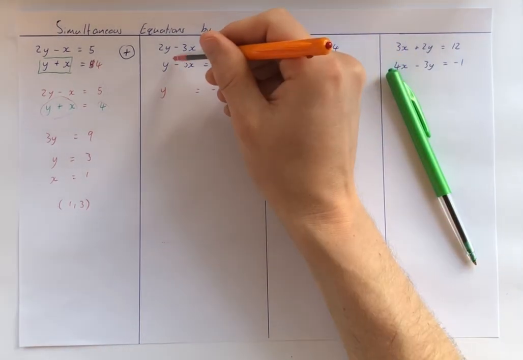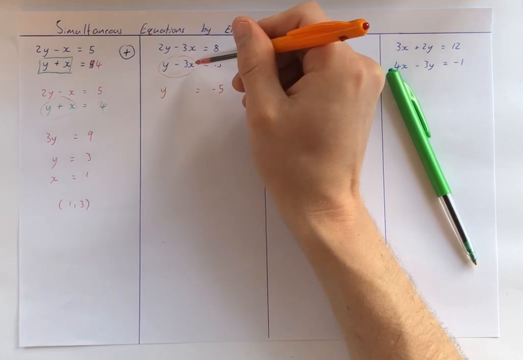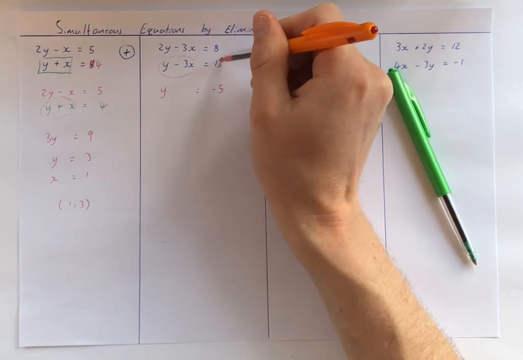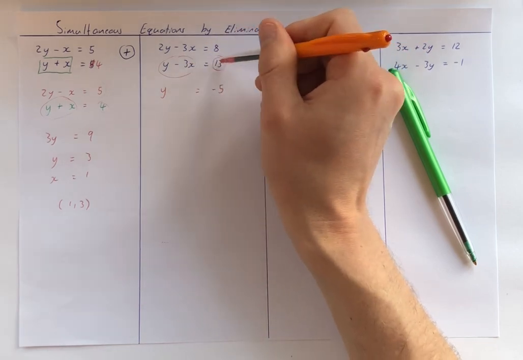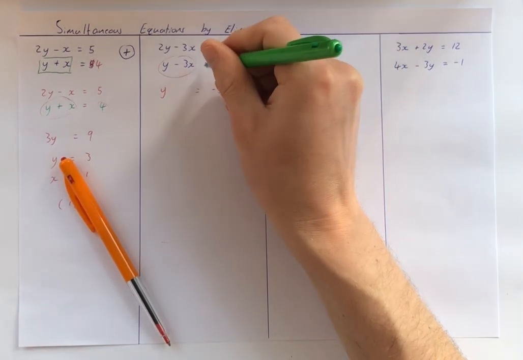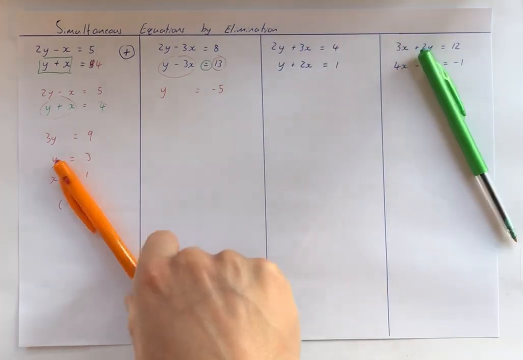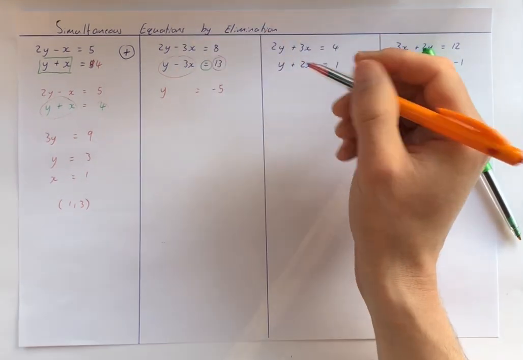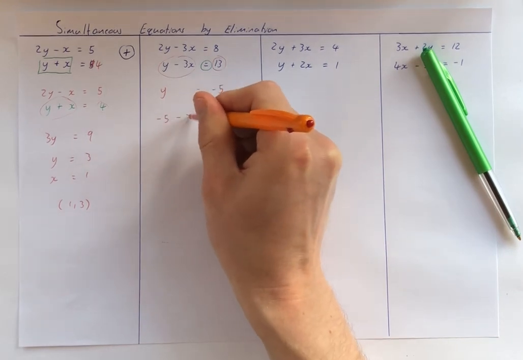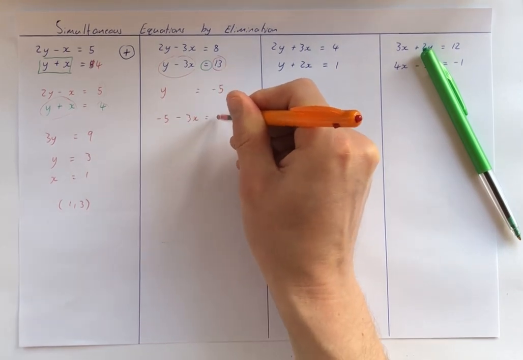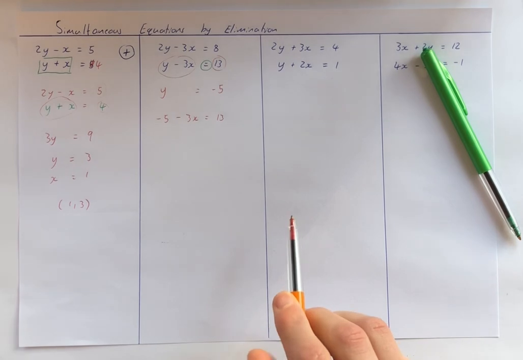So I subtracted y minus 3x from this side and 13 from this side, which meant that I subtracted the same thing because they were equal to each other. Now I want to get the x value. I substitute y back in. Negative 5 minus 3x is 13.